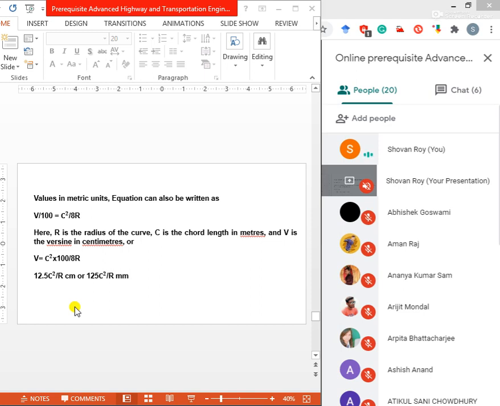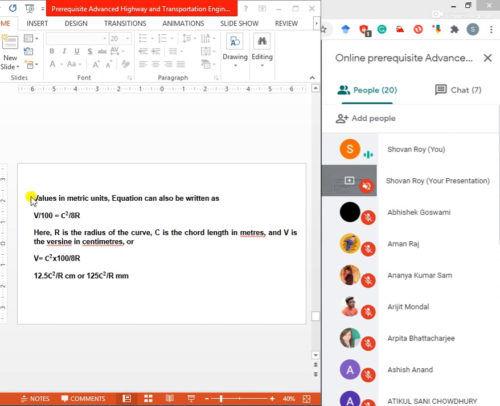For metric units the equation can also be written as V by 100 equals C square by 8R. Here R is the radius of the curve, C is the chord length in meters, and V is the versine in centimeters. Remember, V is the versine in centimeters.